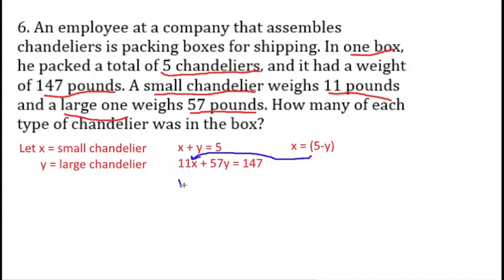So we have 11 parentheses 5 minus Y close parentheses plus 57Y equals 147. Distribute the 11 into each term.